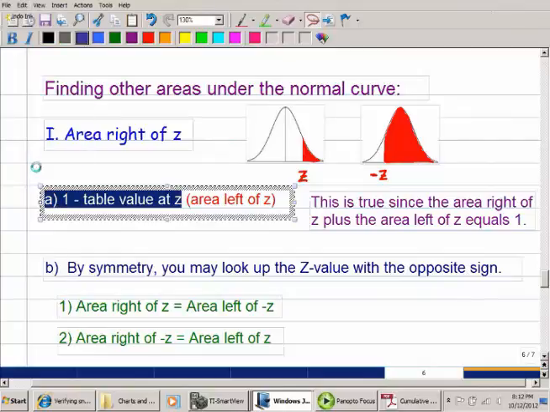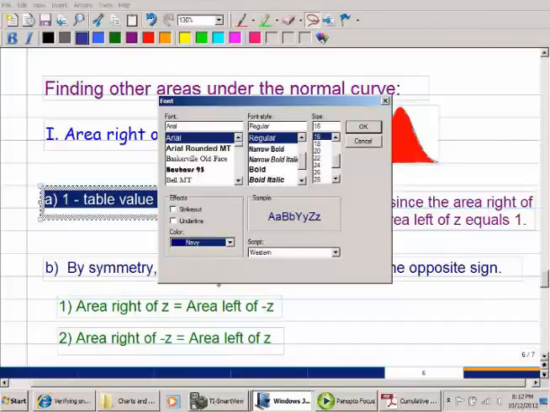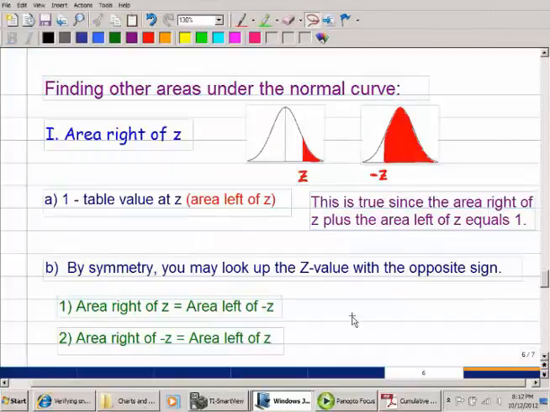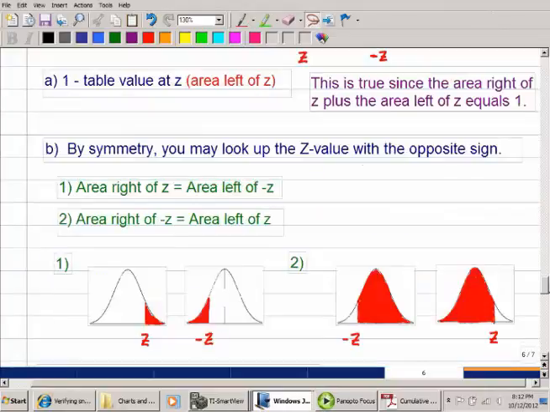Since this graph is symmetric, if you flip it over, it's going to be exactly the same as it is on the other side. And look at these pictures down here. The area right of a positive z would be exactly equivalent to the area left of negative z. So you see the picture I have down here for number 1, how it flips over? Flip it over, and they would be the exact same.